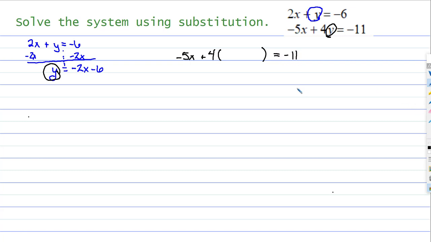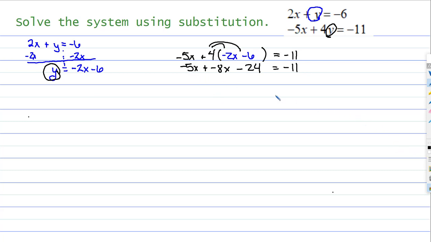And that y was -2x minus 6. Step 1 is going to be distributing. So -5x plus -8x minus 24 equals -11.